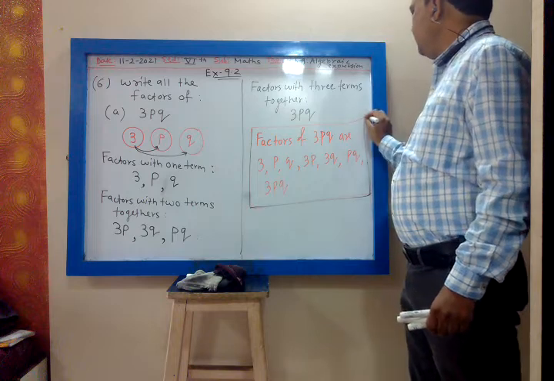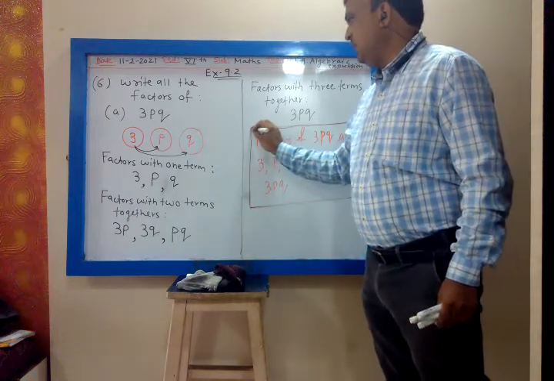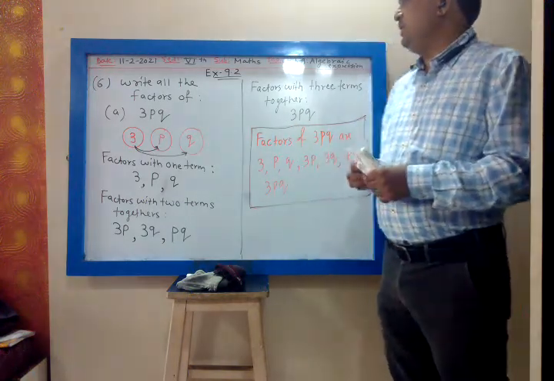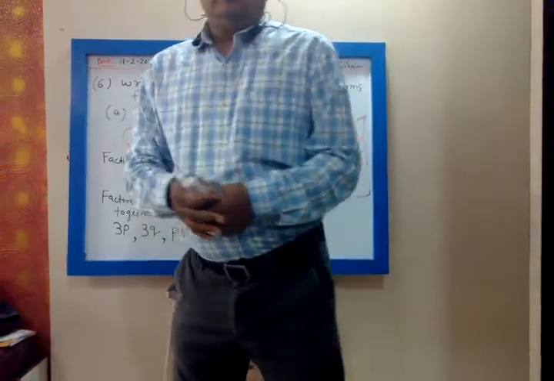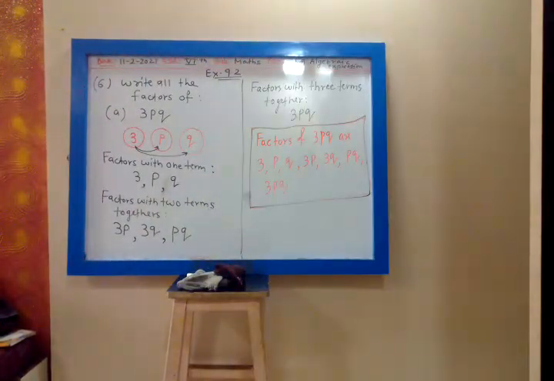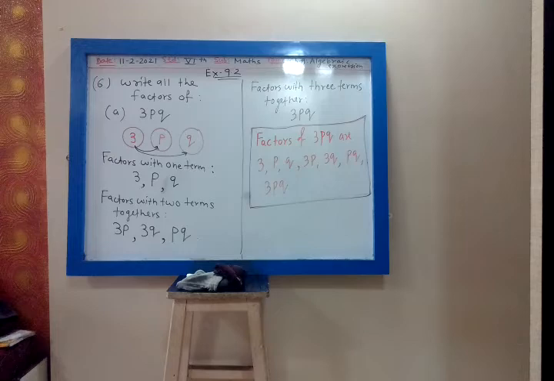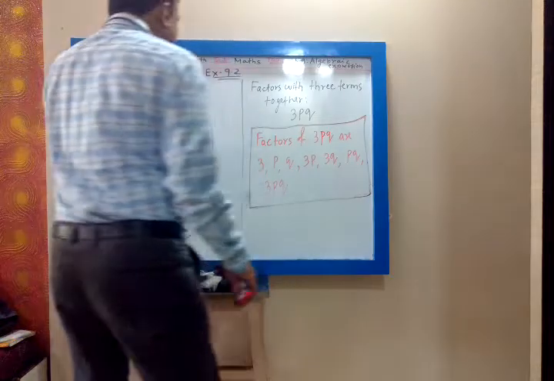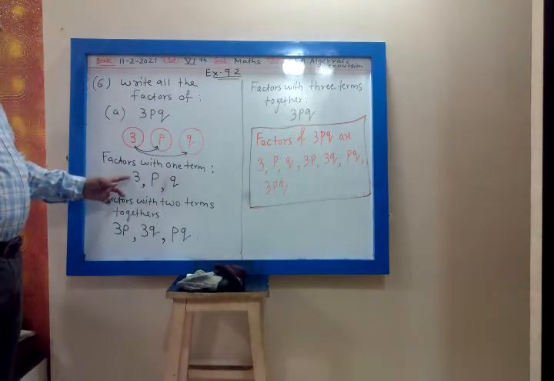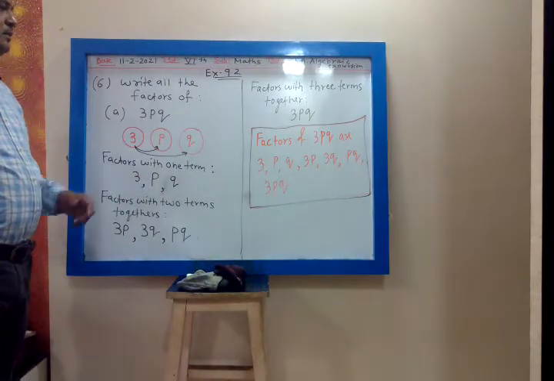This is the 9.2 first question. So this is my final answer. Make a box. Yes, so this is the final answer. Factors of 3PQ are 3, factors with 1 term, and 3P.